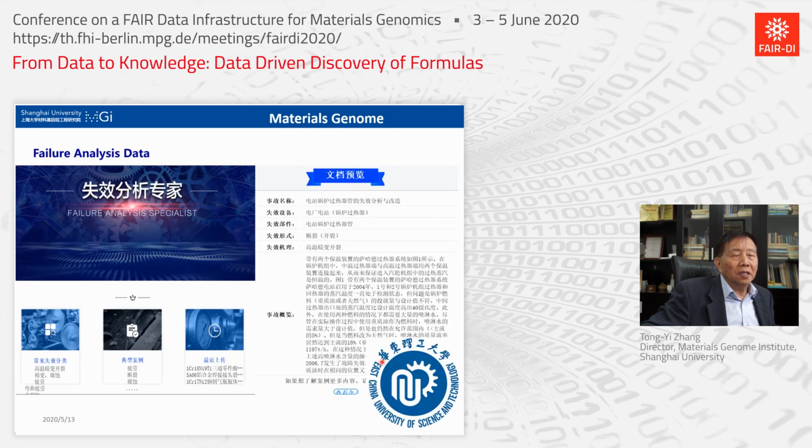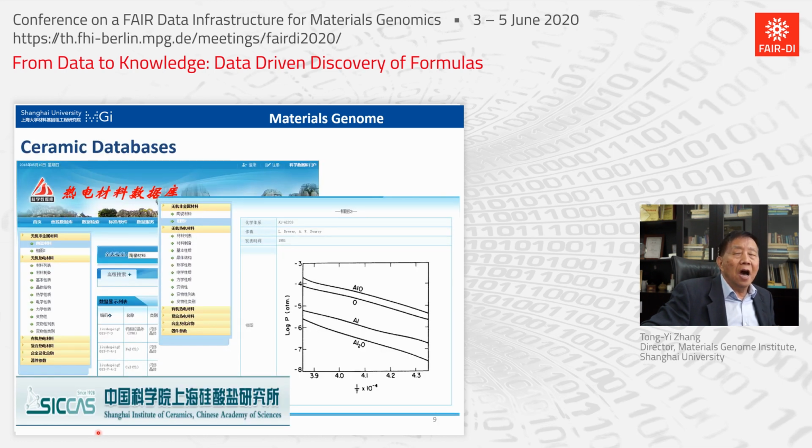The East China University of Science and Technology provides the failure analysis data. The Shanghai Institute of Ceramics, Chinese Academy of Science, provides a lot of ceramic data and databases. They have their own database, but some data are installed in materials genome.